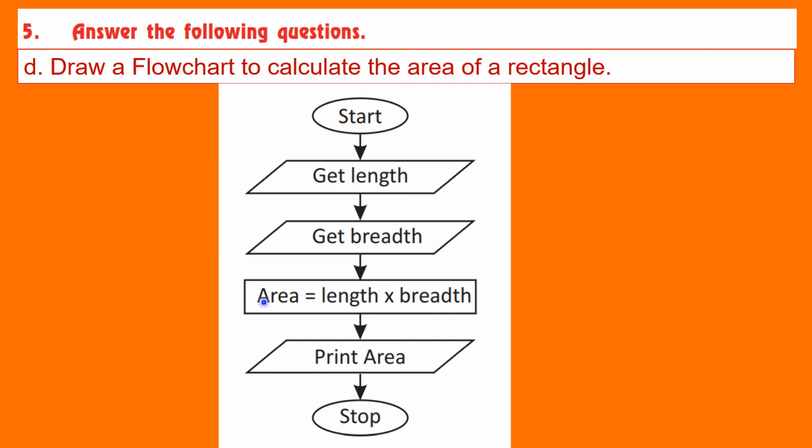Now after calculating area, we need to print the area so that we can view it on the monitor, we can see the result of the calculation. So we print this area in a parallelogram box again. Now we have done with our flowchart. Now to stop the flowchart, we use an oval shaped symbol again and write stop in it.